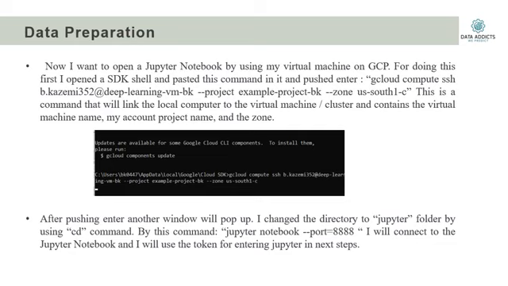If we push enter, another window will pop up, and when it opens, first I change the directory to the Jupyter folder by using the cd command, cd Jupyter, and I will type jupyter notebook port equal to 8888.